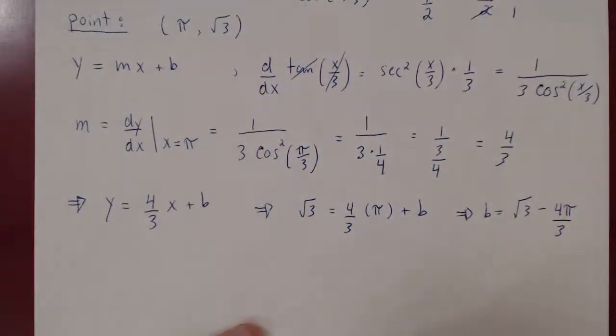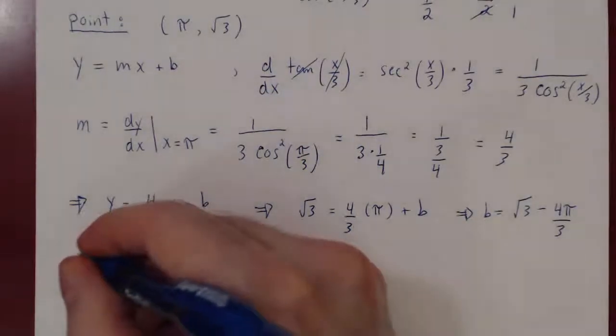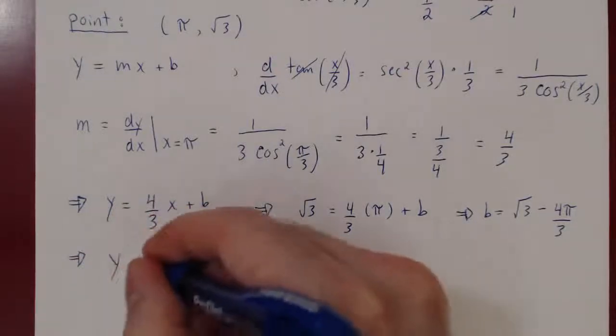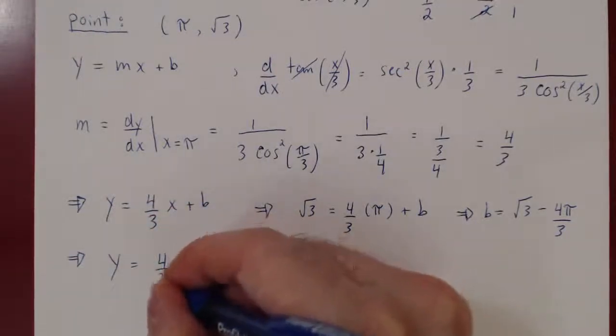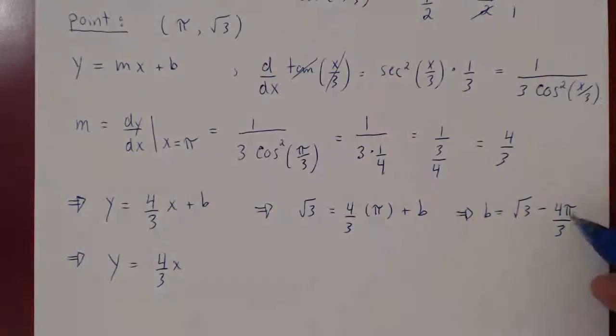And so there you have it. We can right now write the final answer. So the tangent line is equal to 4/3 x plus b, and here's b, root 3 minus 4 pi over 3.